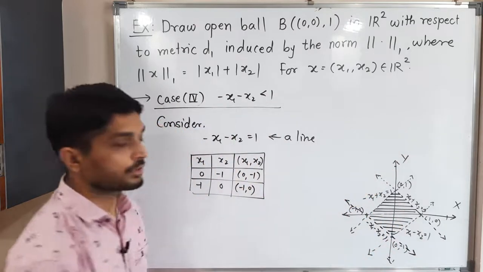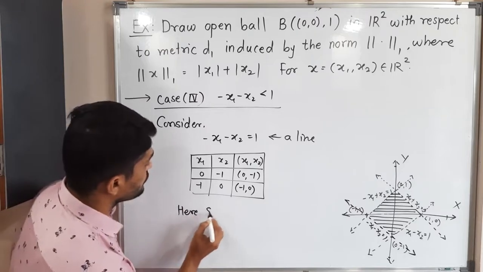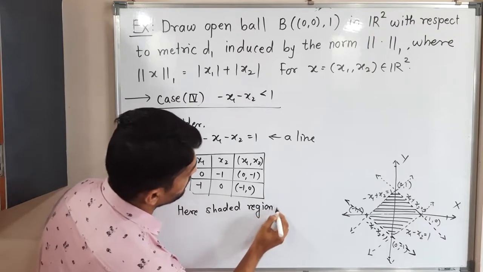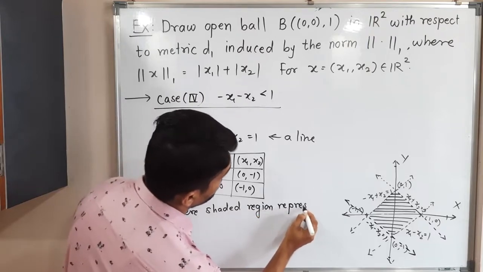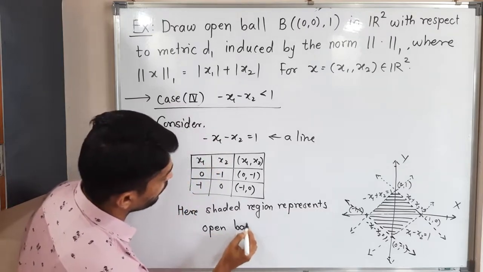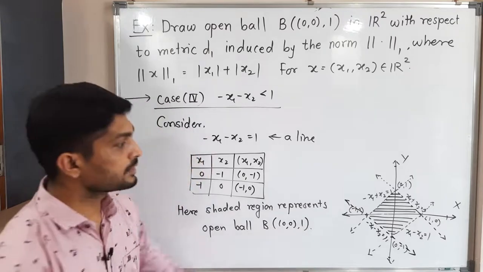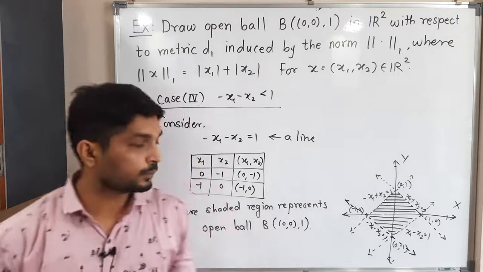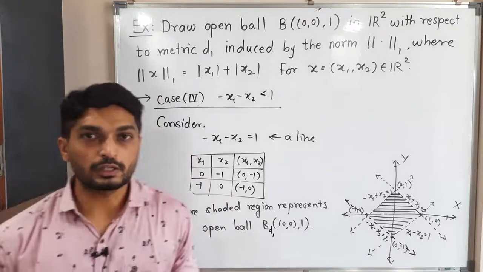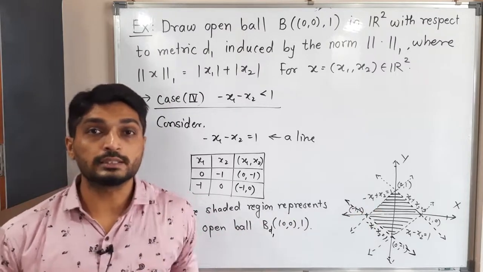Let me mention here, the shaded region represents the open ball B((0, 0), 1). So this shaded region is nothing but the open ball with center (0, 0) and radius 1 with the metric d1. So this is the required open ball, which does not contain its boundary.